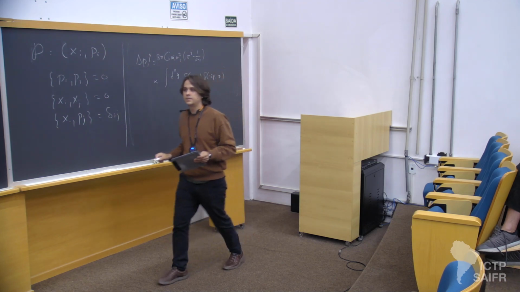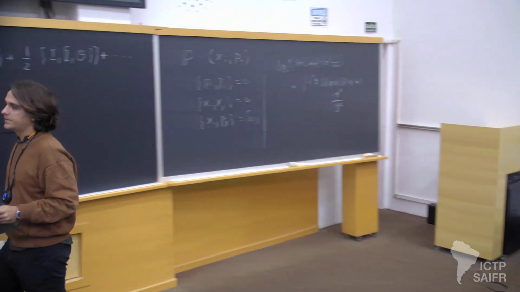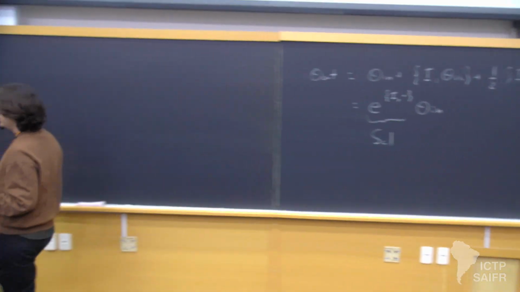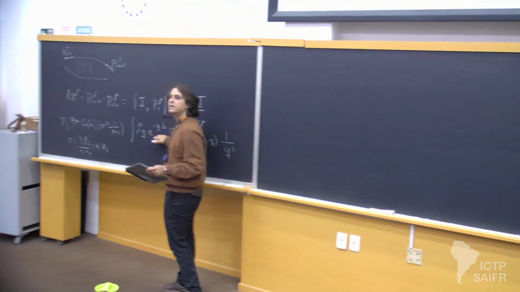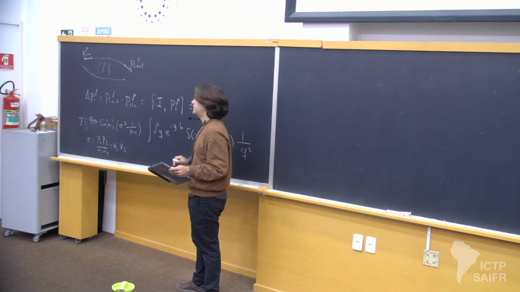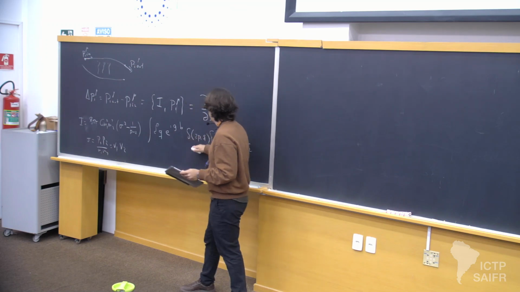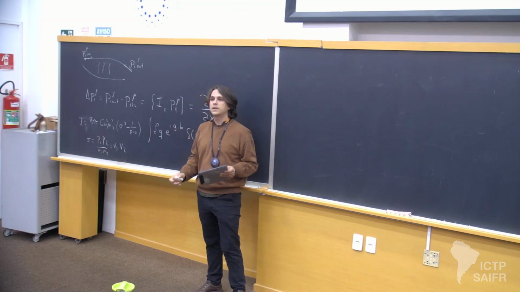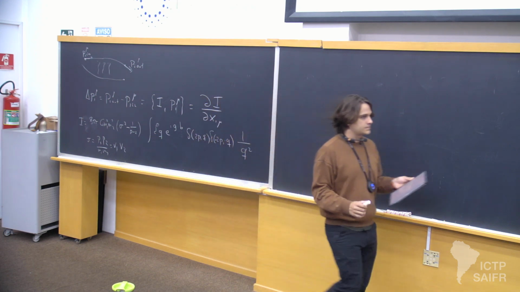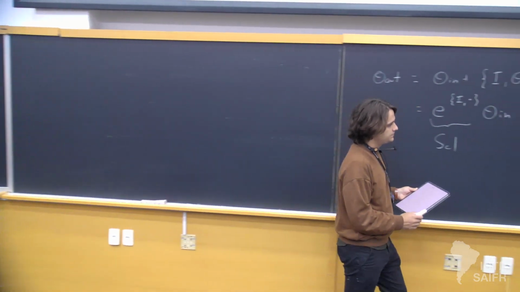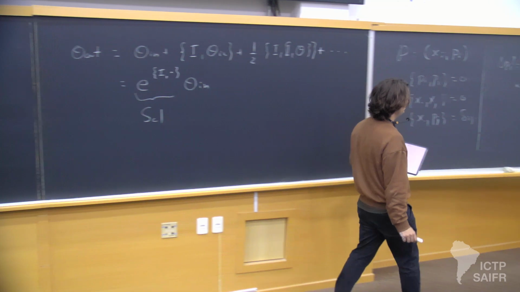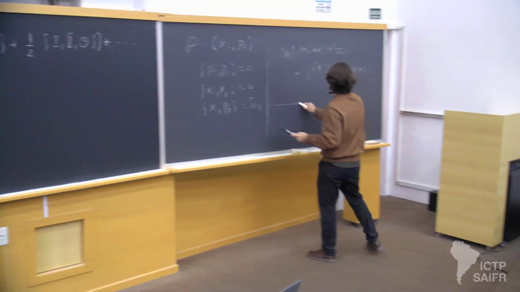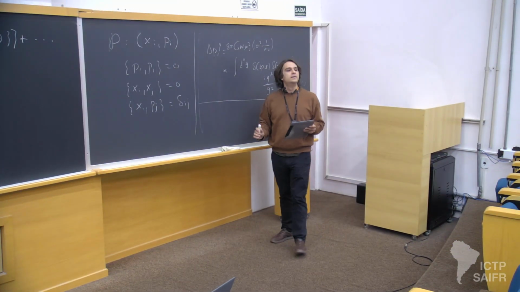Because it just takes a derivative with respect to x1, which appears in the exponent. And then any other component would be killed by this. So I just get 1 power of q down from the exponent. Okay, so let's just leave this here for later.